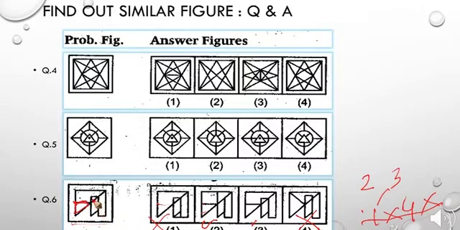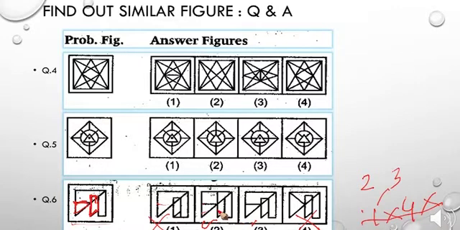Further we check for this shape. Let's go to option 2, because now we have to concentrate on options 2 and 3 only. 1 and 4 are gone already. In option 2 we look for this shape.